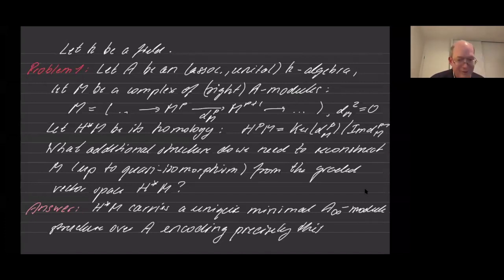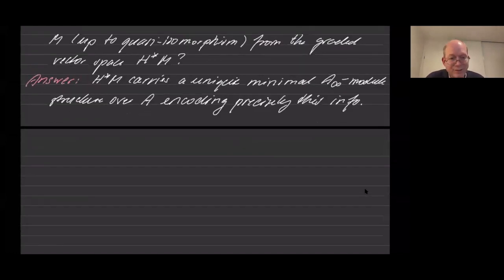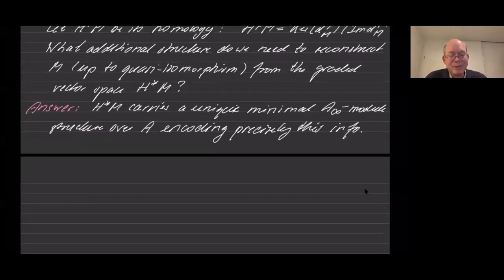Okay, so this is one motivation for considering A-infinity structures. They tell us about the difference between a complex up to quasi-isomorphism and its homology.